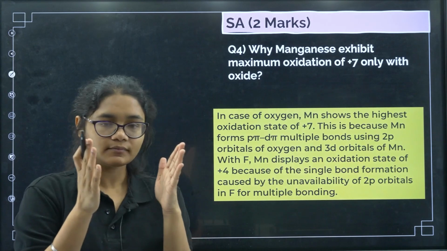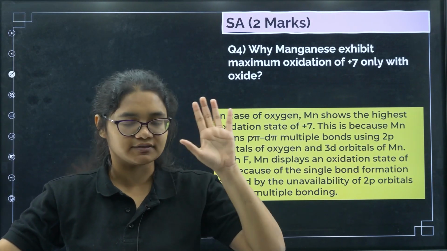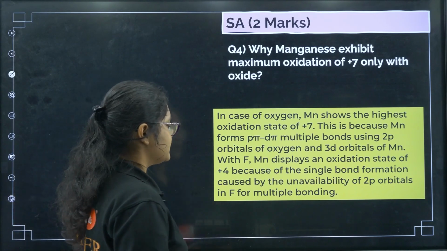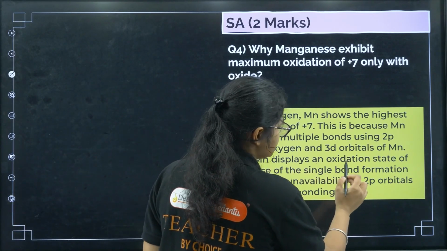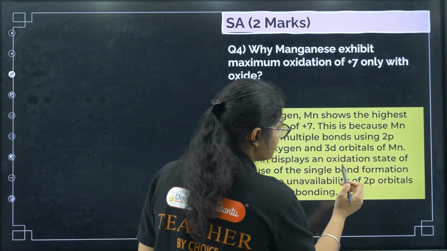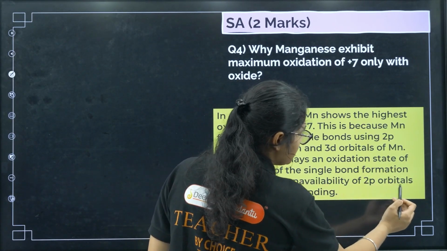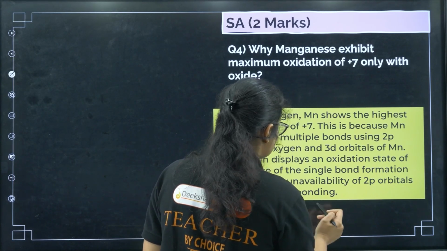With fluorine, manganese displays an oxidation state of +4 because of the single bond formed, caused by the unavailability of 2p orbitals in F for multiple bonding.